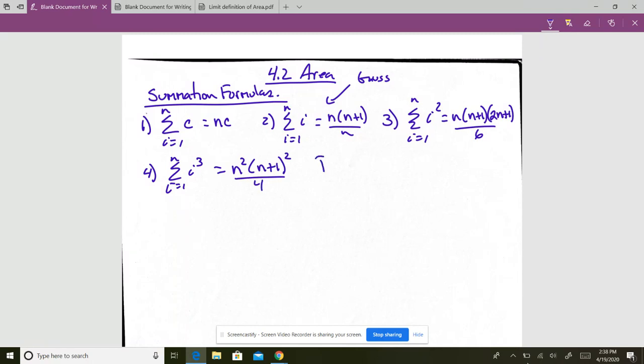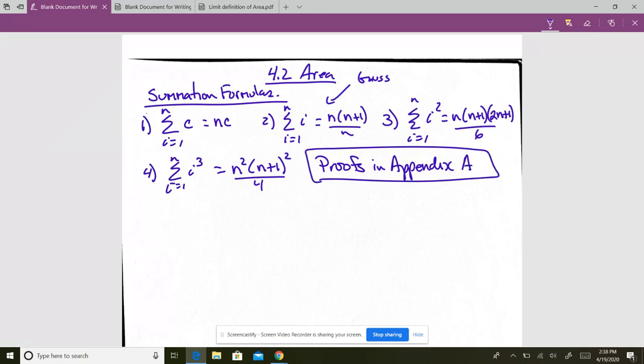And if you're looking for proofs of these, they're in Appendix A, and that will take you to an online video that will show you how to get all those formulas.